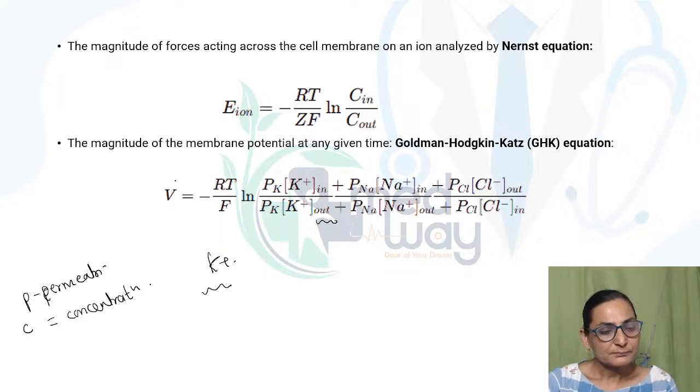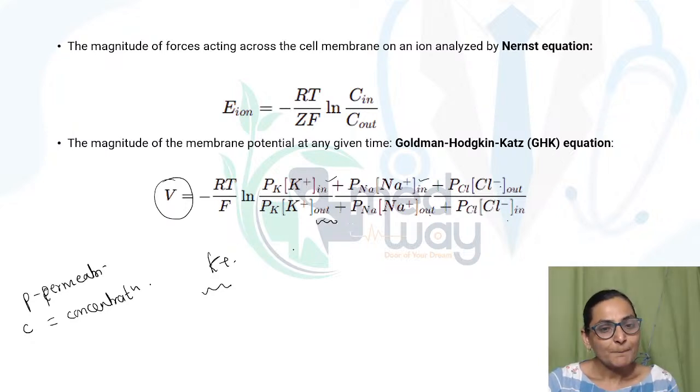So the membrane potential is equal to permeability of potassium into concentration of potassium inside by outside, plus permeability of sodium into concentration of sodium inside by outside, plus permeability of chloride and the concentration of chloride outside by inside. These are the two positive ions, potassium and sodium. We have taken inside by outside, and because chloride is the negative ion, just to maintain electrical neutrality, we have reversed it as outside to inside.